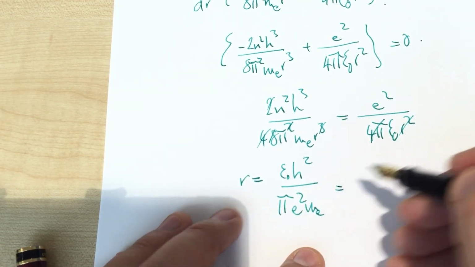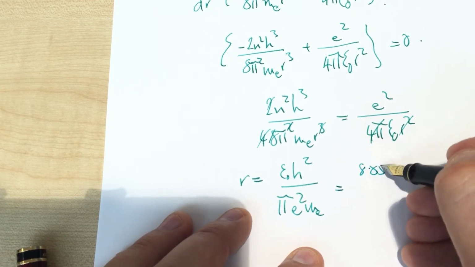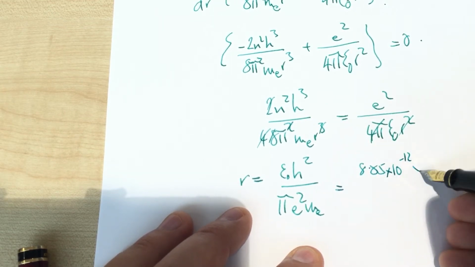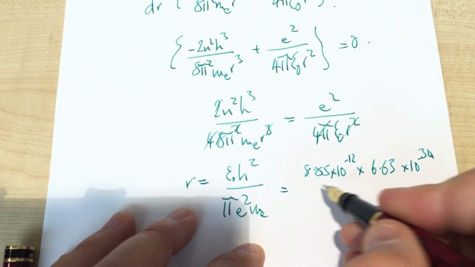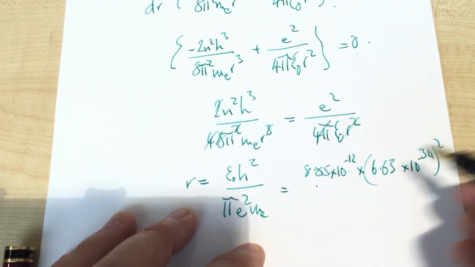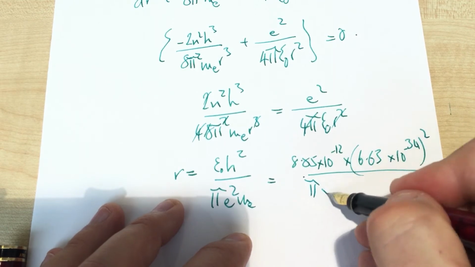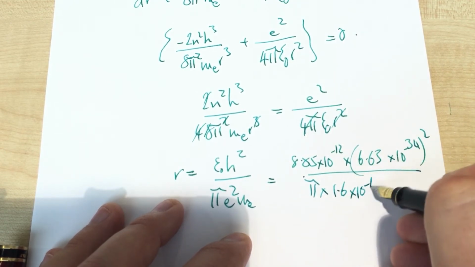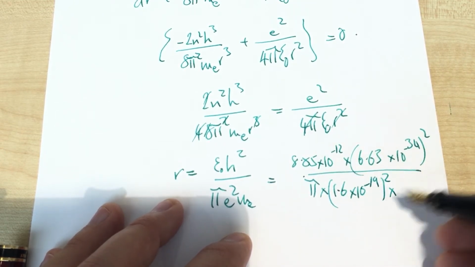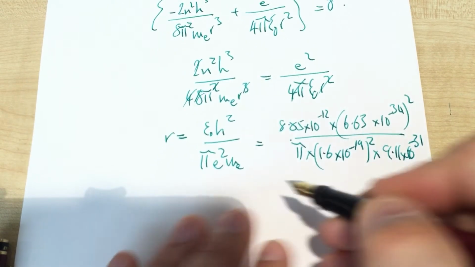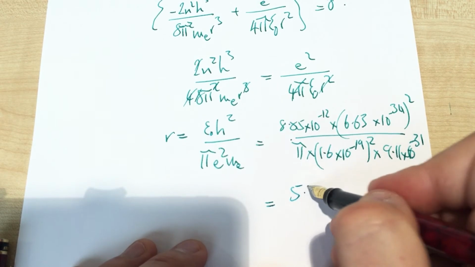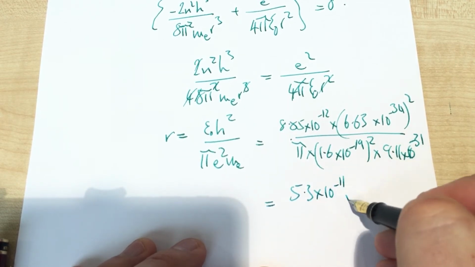And then if I plug in the values, epsilon naught, which is 8.85 times 10 to the minus 12, by 6.63 times 10 to the minus 34 squared, divided by pi, 1.6 times 10 to the minus 19 squared, by the mass of the electron, 9.11 times 10 to the minus 31, gives me 5.3 times 10 to the minus 11 meters.